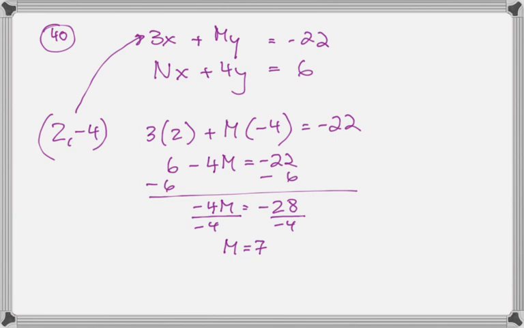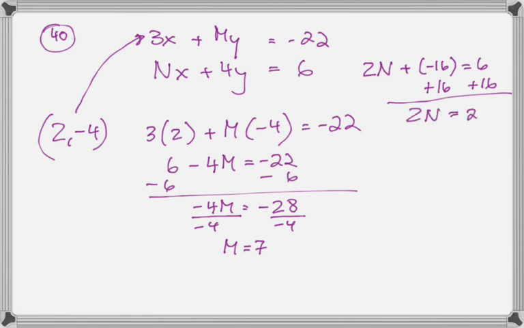So here we had a lot already that was given to us. We just need to plug them in. Okay, so m is 7, and let's find n. 2 times n plus 4 times negative 4, which is negative 16, equals 6. So add 16. 2n equals what? 22.